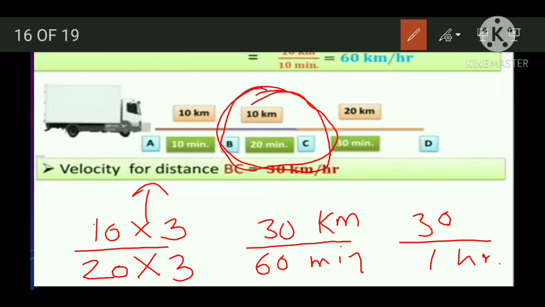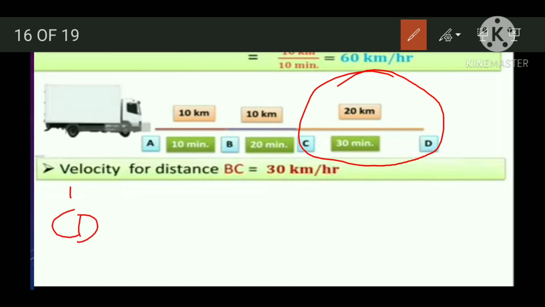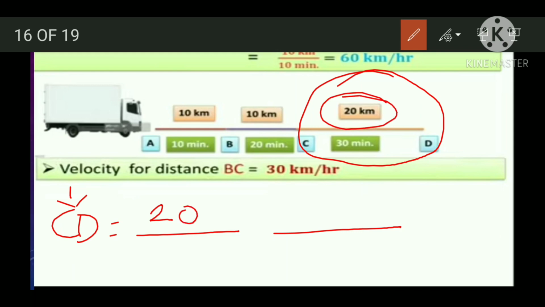Okay. Now, we will calculate this part, means velocity for distance CD. Velocity for distance CD is equal to, again same way, displacement 20 kilometers, and time 30 minutes.